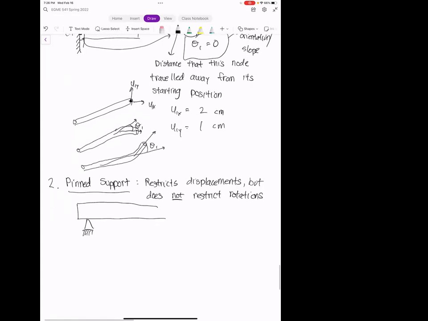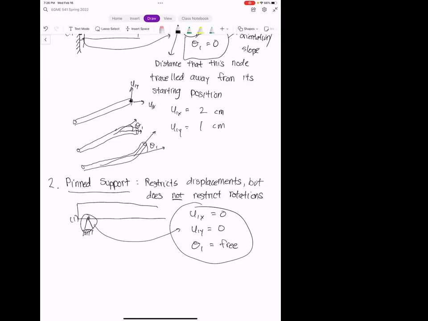Okay. And so in other words, if we call this node 1 right here, what we can say is u1x is equal to 0, u1y is equal to 0, but theta 1 is still free. The pin support is not going to do anything for the rotation. Okay?